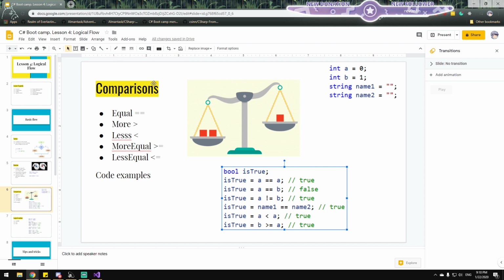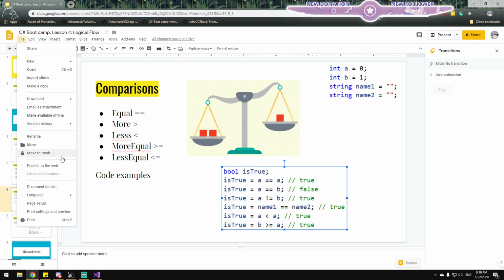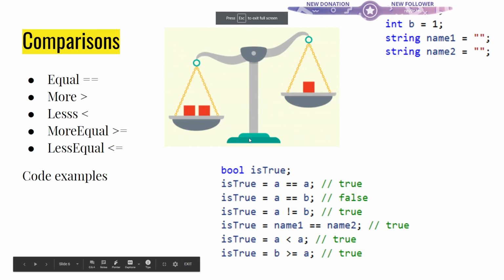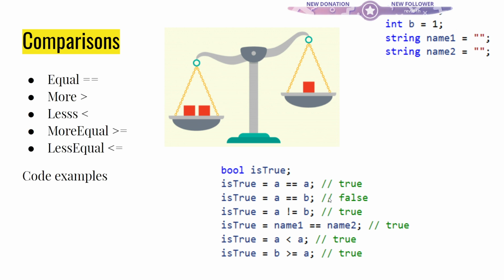And so on for every value like this. Sorry, really sorry about that one. So A equals B, no, they're not equal, so it's false. A is not equal to B, true, because 0 is not equal to 1.